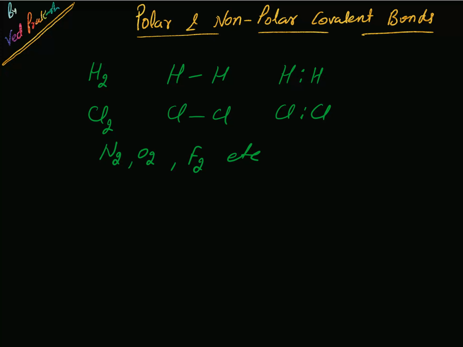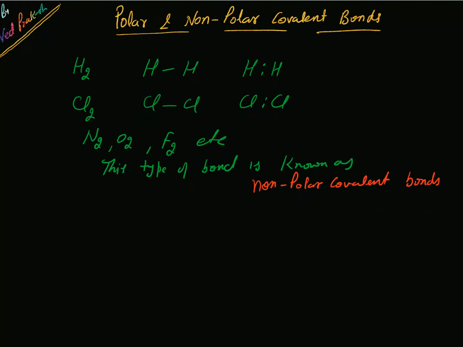So this type of bond is known as a non-polar covalent bond. But if the atoms forming bonds are different, the electron attracting powers of the two atoms in a bond may differ. For example, in a molecule of HCl, we know that there is an electronegativity difference between hydrogen and chlorine atom.